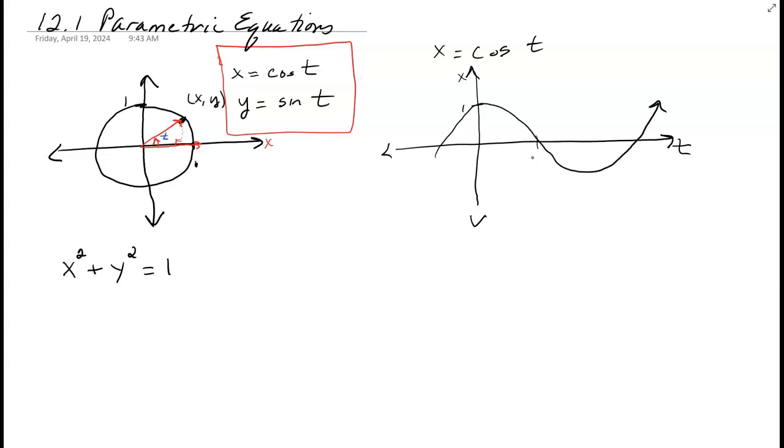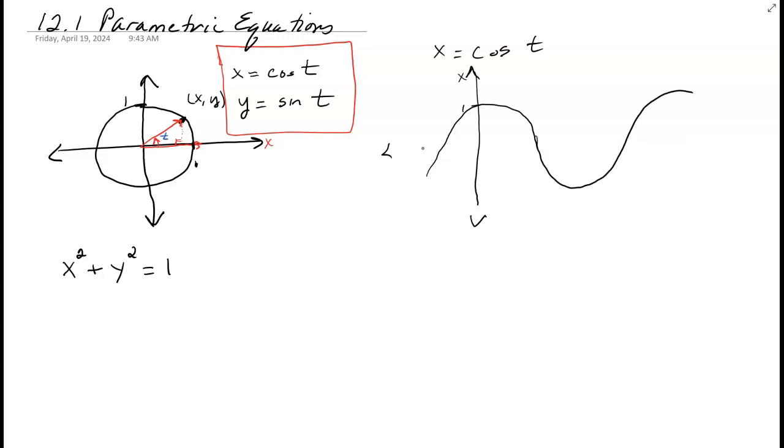Here we are at pi. Let me fix it. I'll make it a little bit longer.